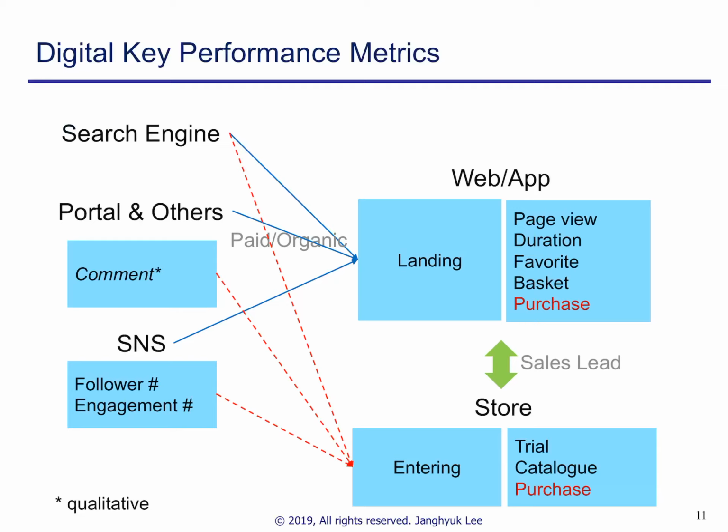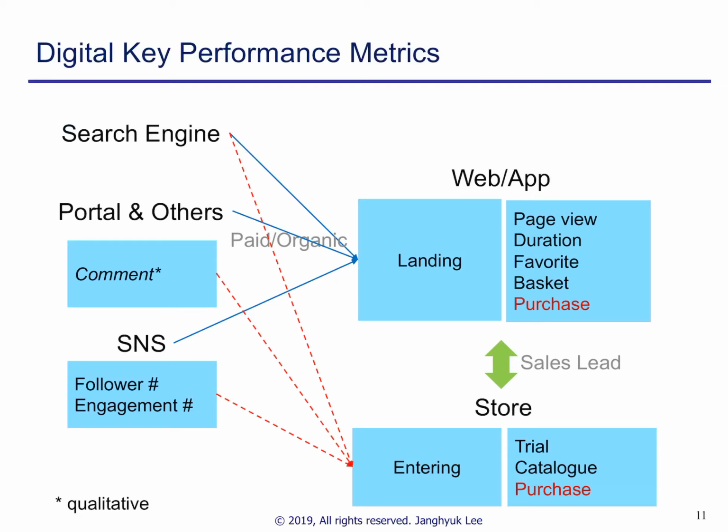And when they land, how many pages they visit, how long they stay, how many of them actually click on some products as a favorite or put some products in their basket. Finally, make the purchase. So this funnel from landing to purchase on the web, digital, we can measure.